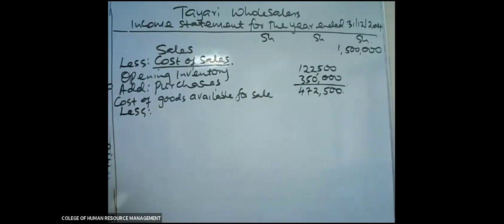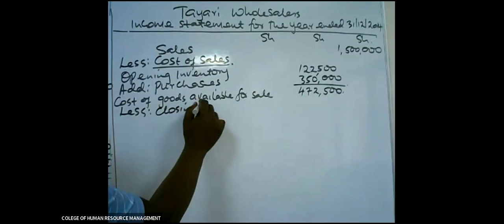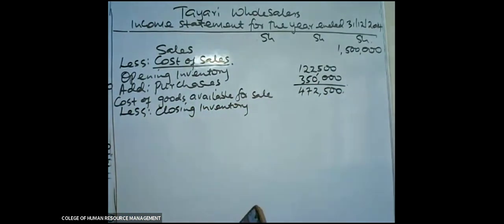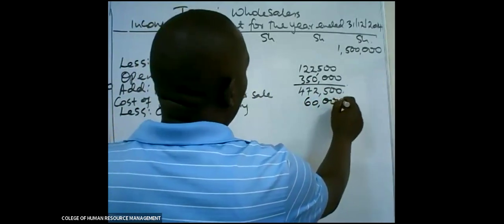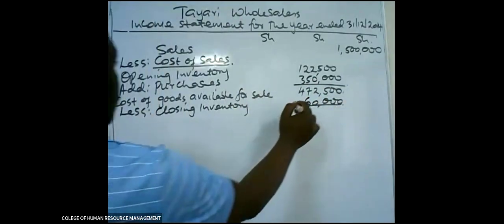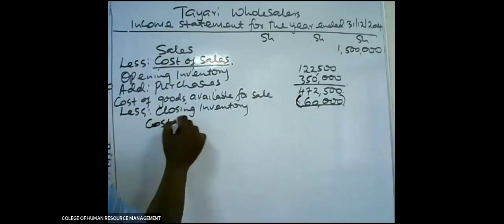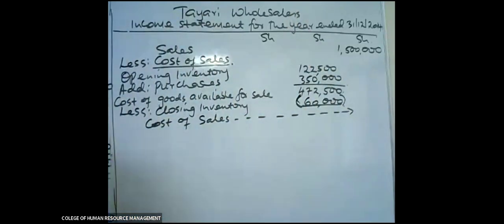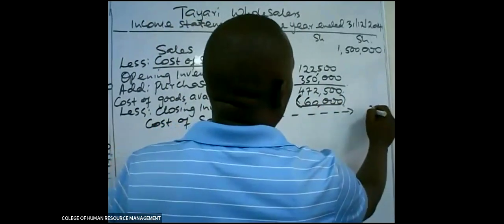From the cost of goods available for sale, we normally deduct the closing inventory, which is normally the additional information in most cases, 60,000. This one we are deducting, put it into brackets. That will give us the cost of sales, which we shall take to the last column where we have got the sales. This one will be 412,500.